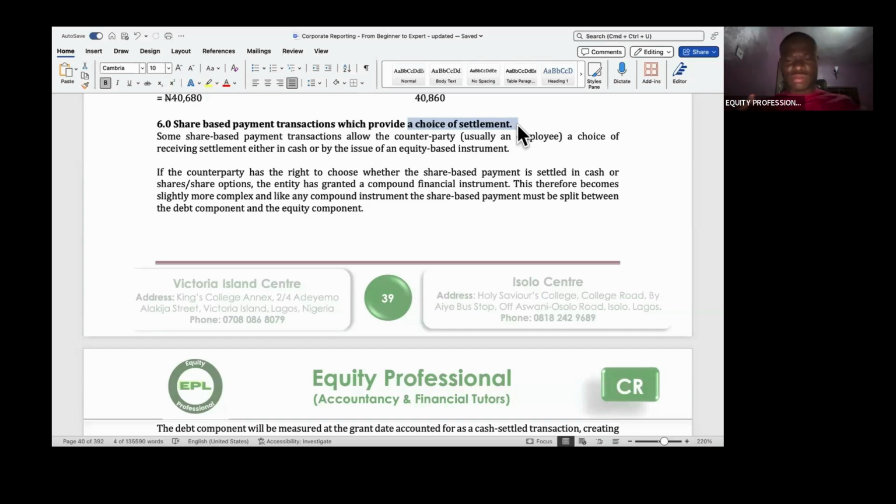So in this case now, we'll have a situation whereby the employer is not sure whether he's going to settle with cash or whether it's going to settle with shares. He's not sure. So I'll have that kind of scenario. IFRS 2 says that we are going to treat that as a compound financial instrument, meaning that since we are not sure whether we'll settle with shares or with cash, we need to consider elements of the two.